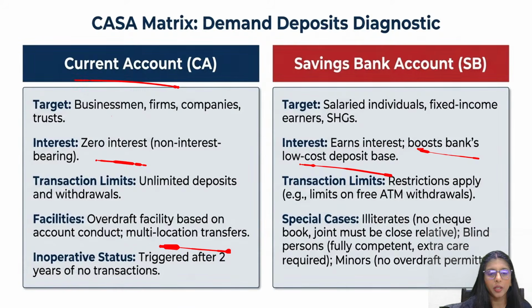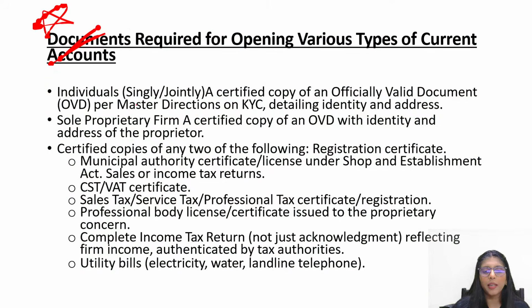If you are opening an individual current account, then you require a certified copy of OVD, official valid document. If you are opening a sole proprietorship firm, then a certified copy of OVD with identity and address of the proprietor. If you are opening a partnership firm, then you require the registration certificate and partnership deed.